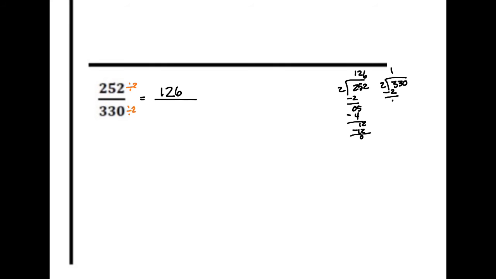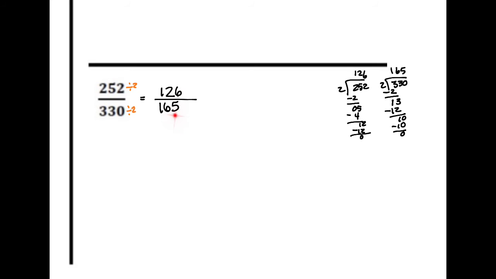Now in this unit, you cannot use a calculator either, so you need to learn your times tables. So 165. They're still big numbers. We cannot divide by 2 again because we end in an even here but a 5 here.